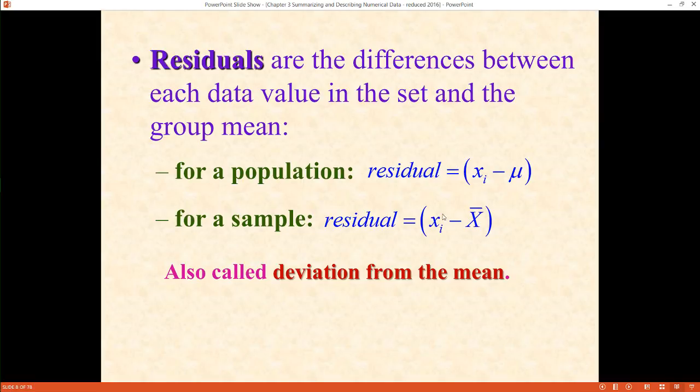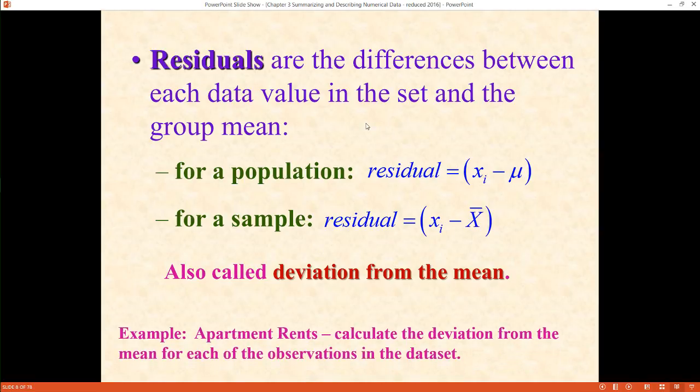So that's what we have here: xi, observation i, minus the mean is its distance. So of course, if it's smaller than the mean, that means it's to the left of the mean, we'll get a negative number. So many units to the left of the mean would be the residual. Okay, so it's just deviation from the mean, or distance from the mean. Very useful concept, because we'll use that a lot. Deviation from the mean. We'll be measuring things in distance later.